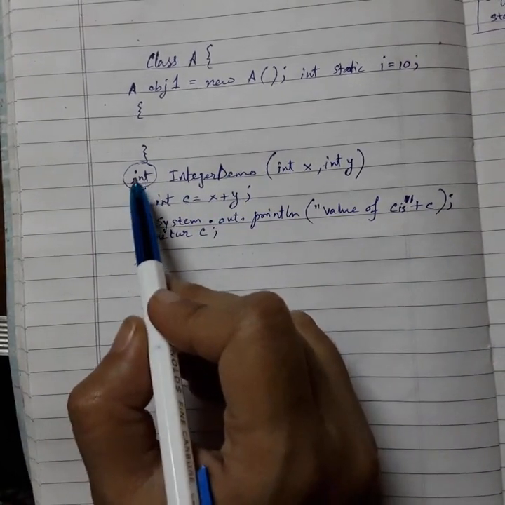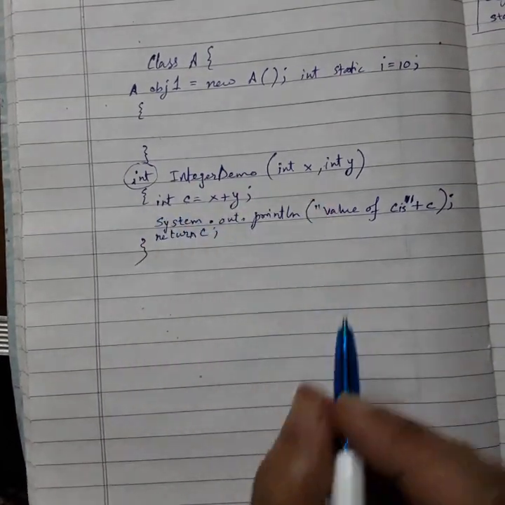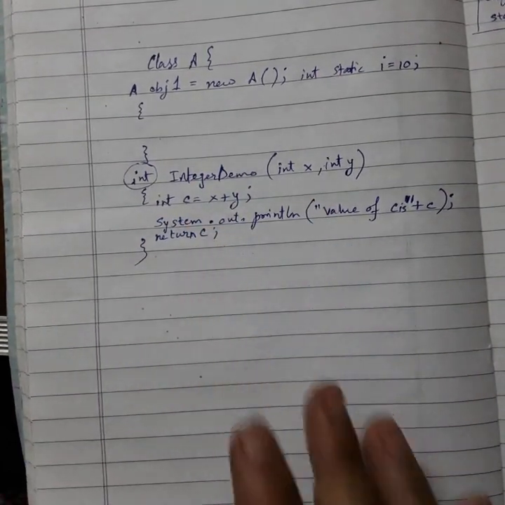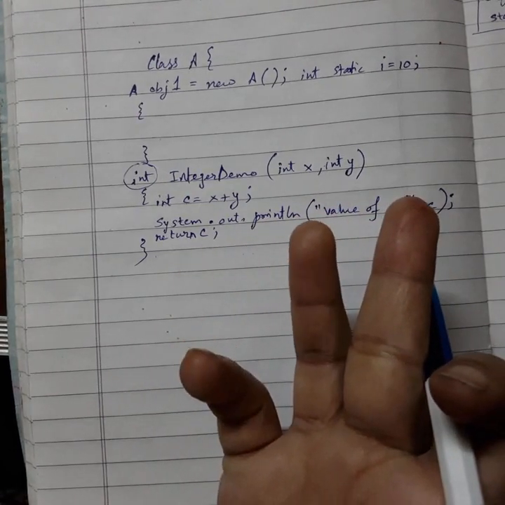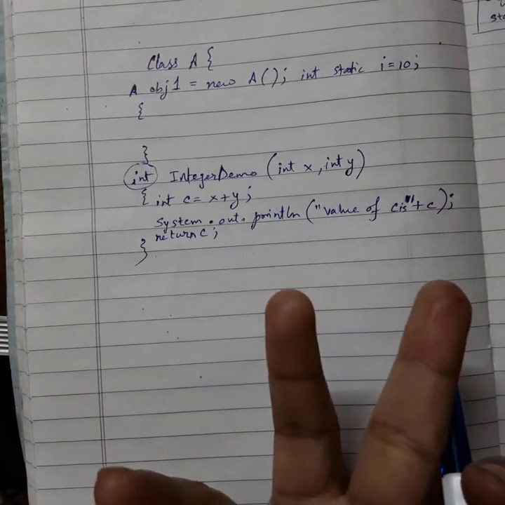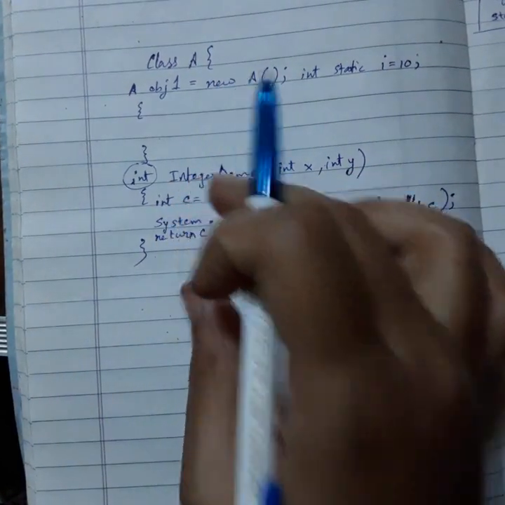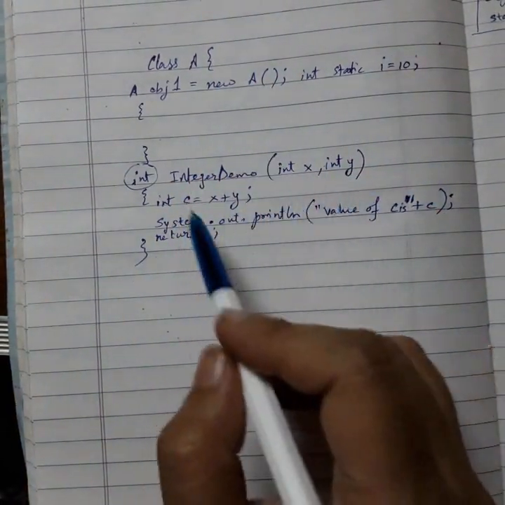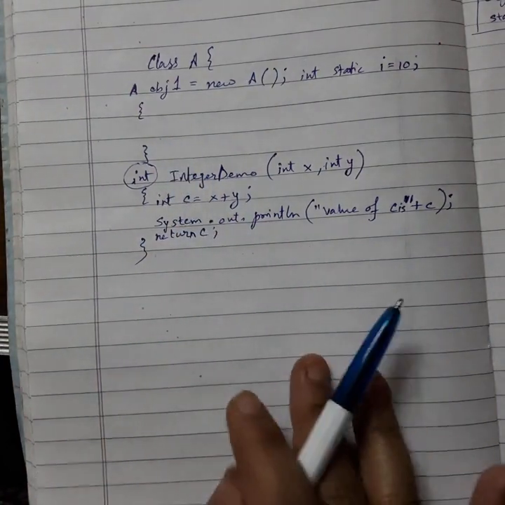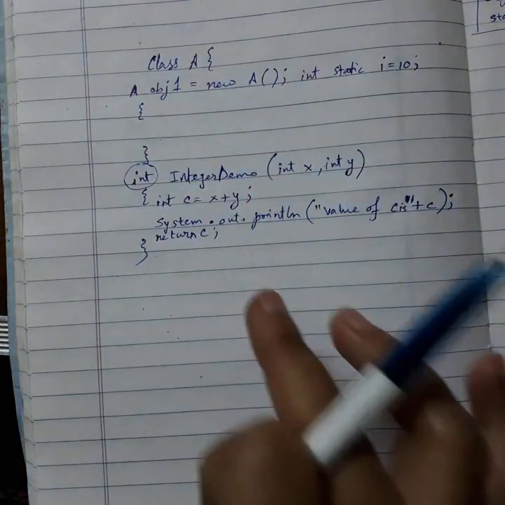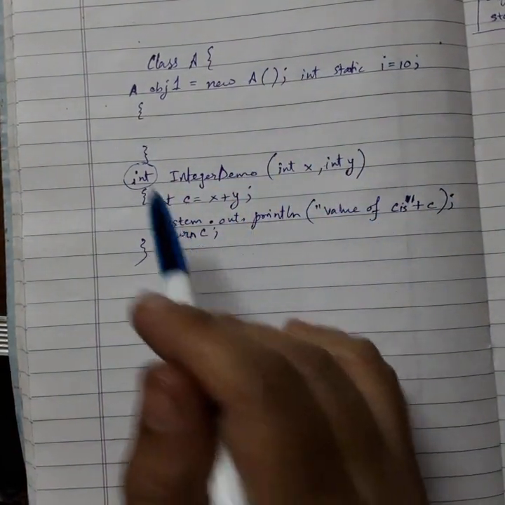Because it is int, we have to return an integer here. Instead of c, we can return, say, return 100, return 200. But it is meaningless. The purpose of this method is to add the two numbers and return the value. When we call this method, it will be called and the value will be collected.